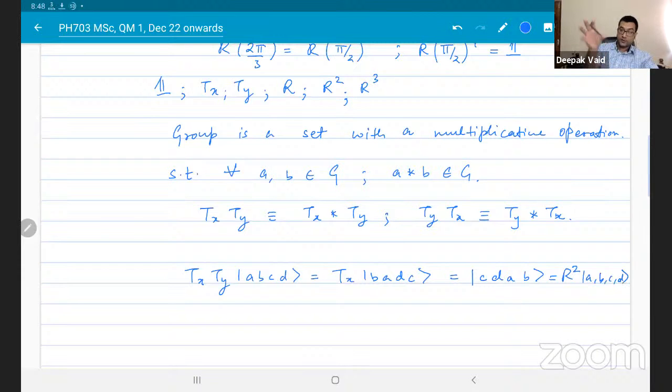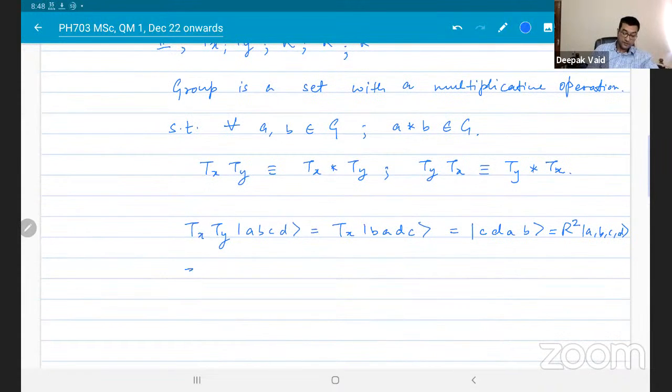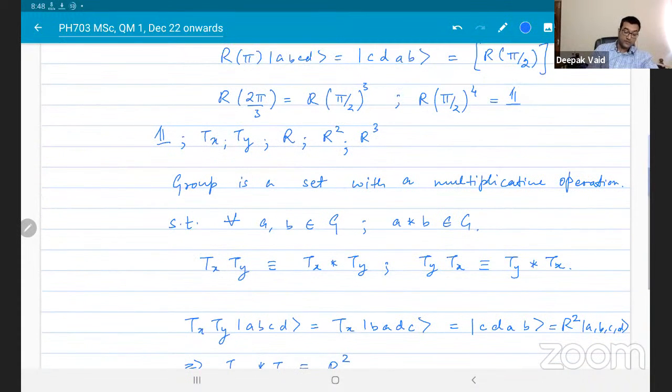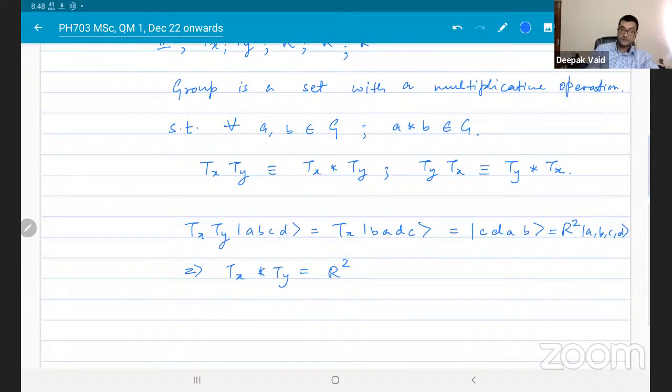So if I rotate by 180 degrees, I will switch the indices by two places, right? So A will go to C, B will go to D, and so on. So this tells me that if I multiply Tx by Ty, I get R squared. R squared is R pi by 2 squared.